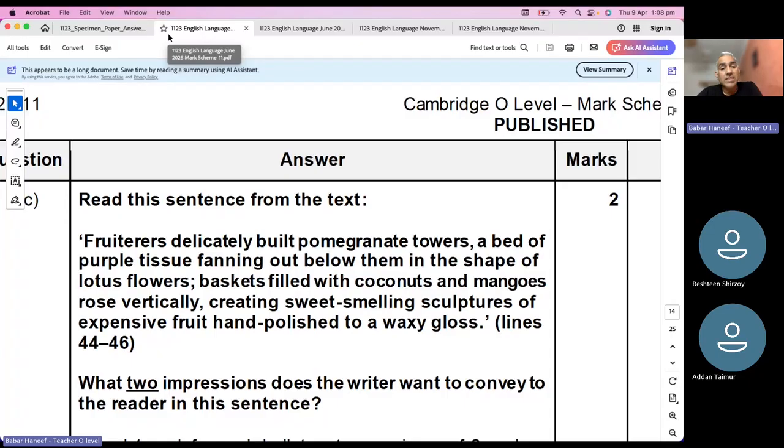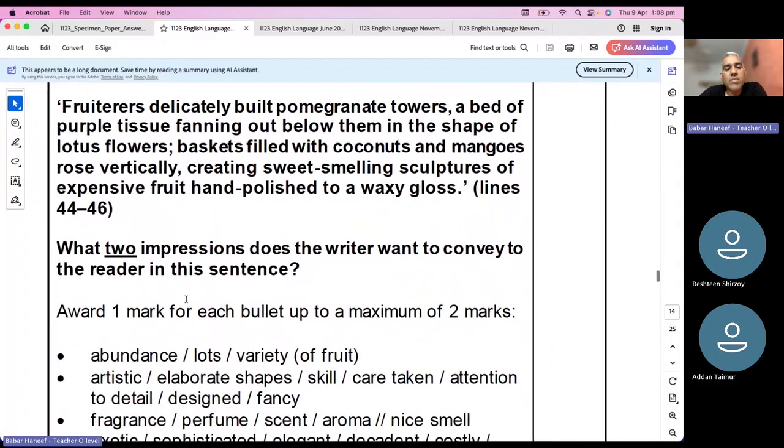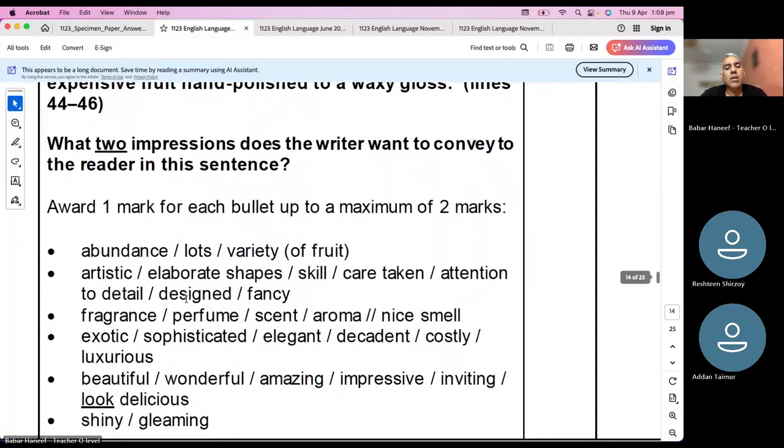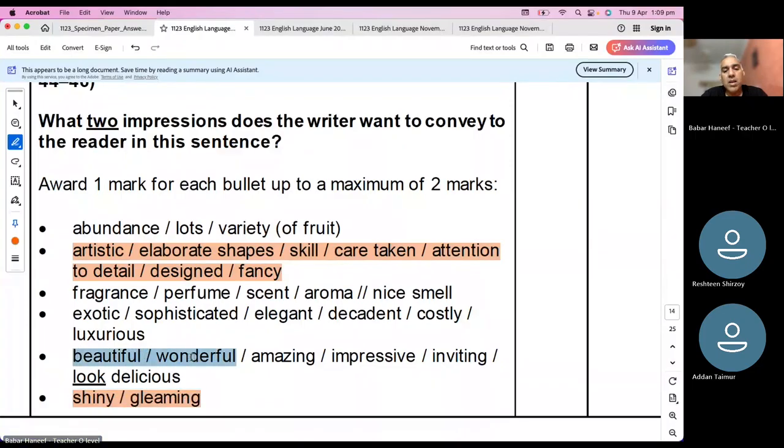Okay. Now, this is exactly the answer, by the way. If you look at this here, it says artistic or elaborated shape, care taken, attention to detail, or design or fancy. And then you said they're shining and gleaming, or maybe they are impressive and inviting.